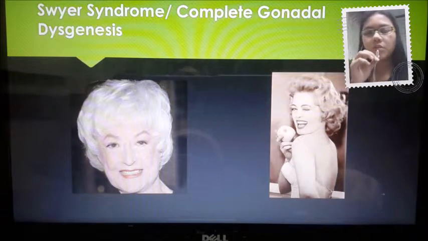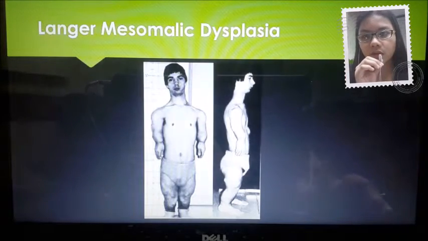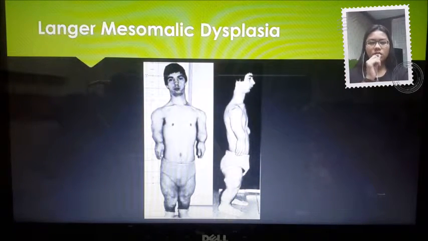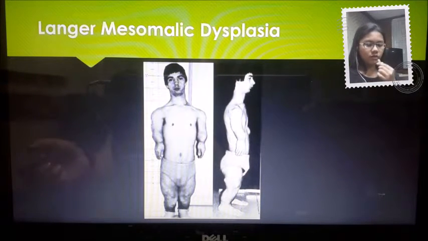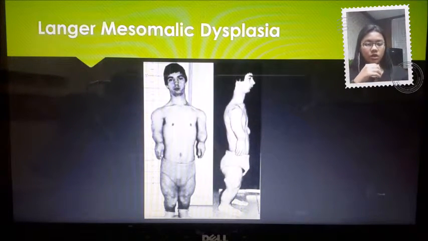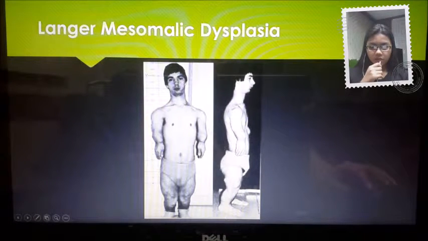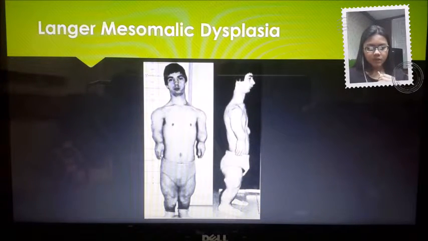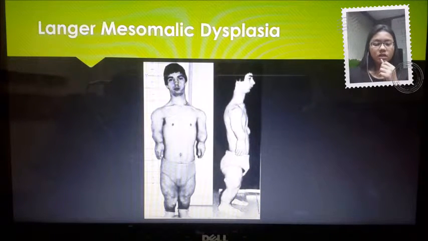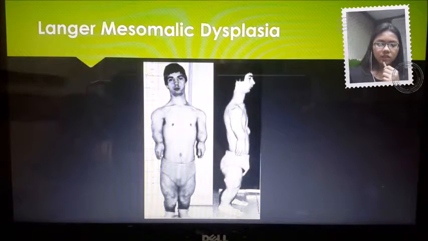Another complication in this gene is Langer mesomelic dysplasia, a disorder of bone growth with extreme shortening of the arms and legs, or what we call mesomelia. This is the effect of a mutated SHOX gene.